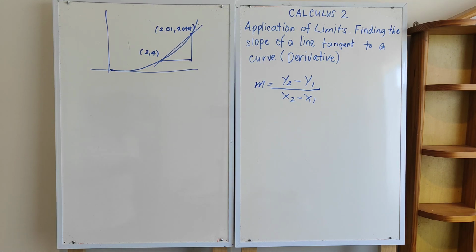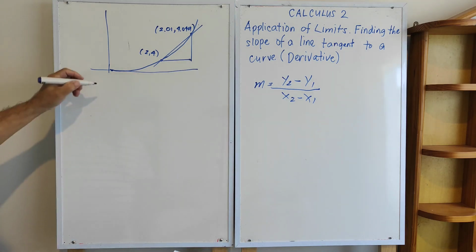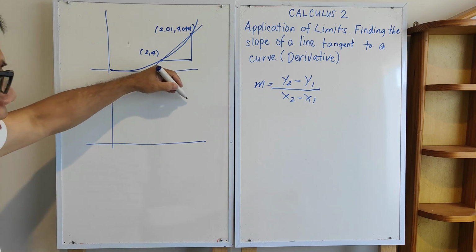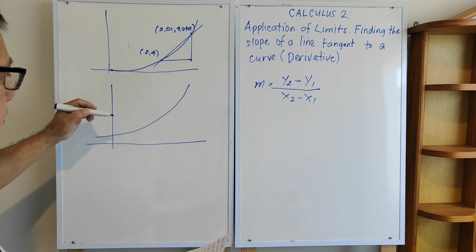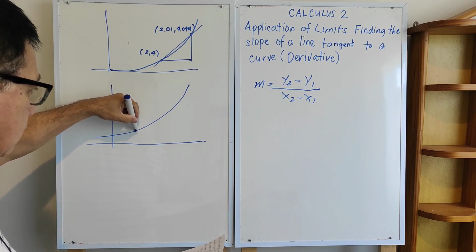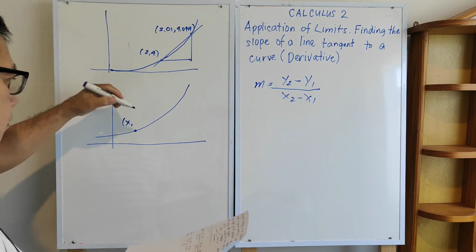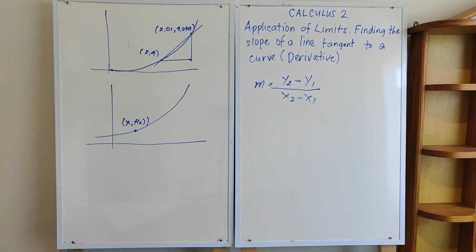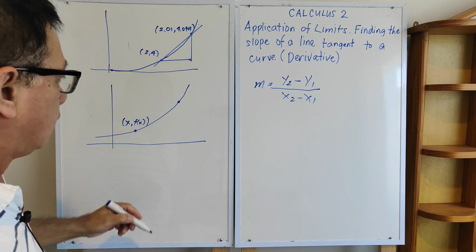Now we can derive a general equation, so we can generalize this one. I will rewrite it again and generalize. Let's say this is your curve, and this is your x. This is your x, y, but we don't use the y, we use the function of x.